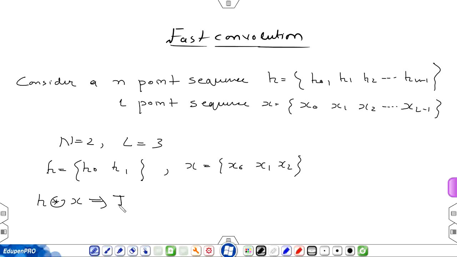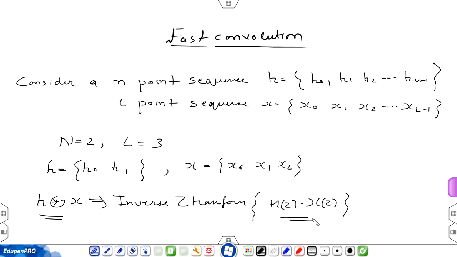This is equivalent to the inverse z transform of the multiplication of H(z) and X(z). So convolution in the time domain is equivalent to multiplication in the z domain.